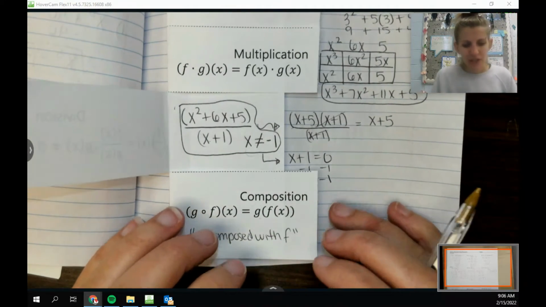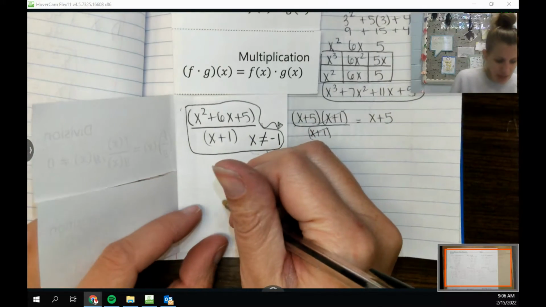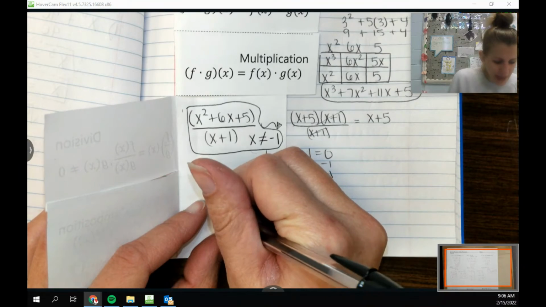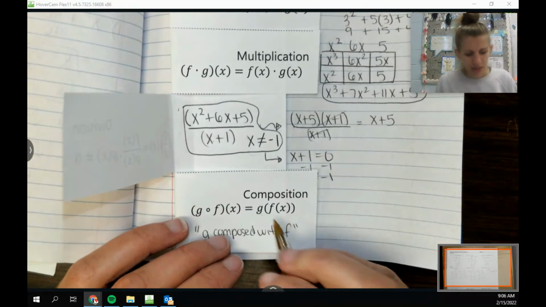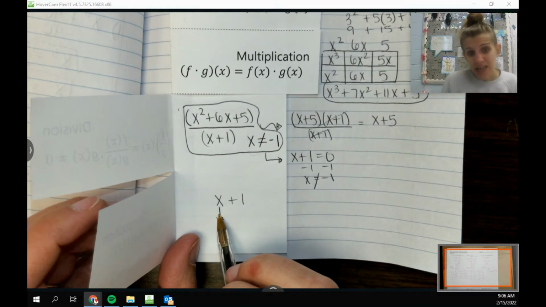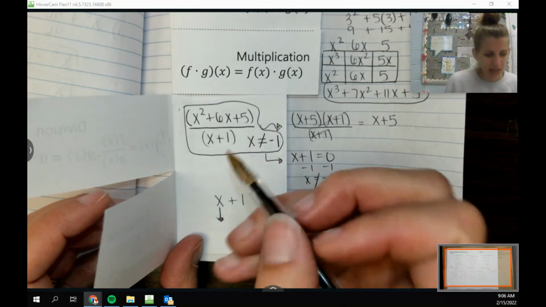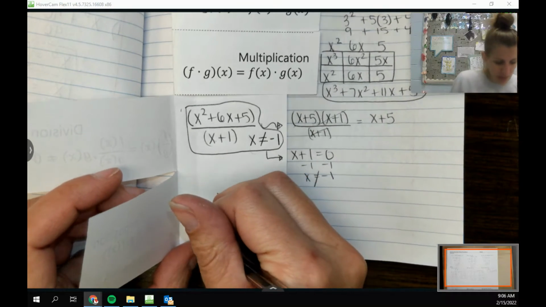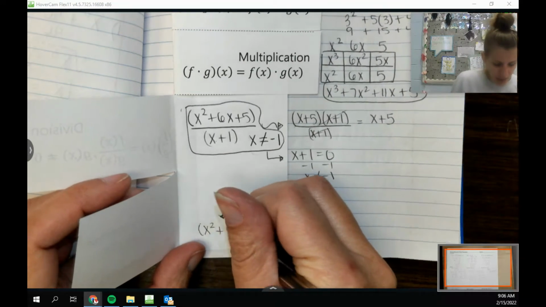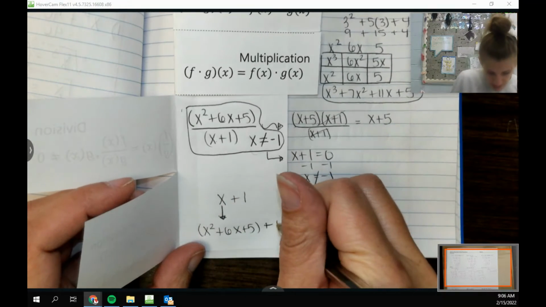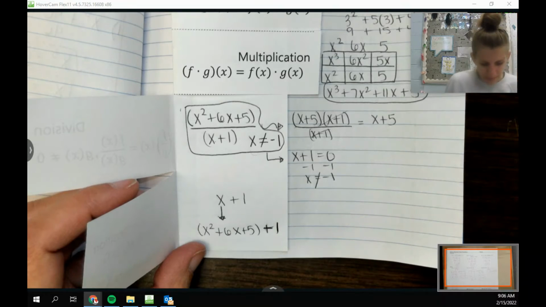So if I think about my g function, it was x plus 1. But if my input needs to be the f function, then instead of x, what I actually need to write is my f of x function, which was x squared plus 6x plus 5. And then I write the rest of the g function, plus 1.